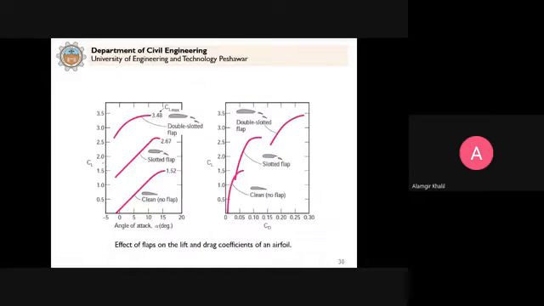Now you can see here that when we have the clean situation, no flaps, with the angle of attack, the lift coefficient is 1.52. When the lift coefficient is small, the lift force will be small. But if we provide double slotted flaps here, you can see that the lift coefficient has increased from 1.52 to 3.48.